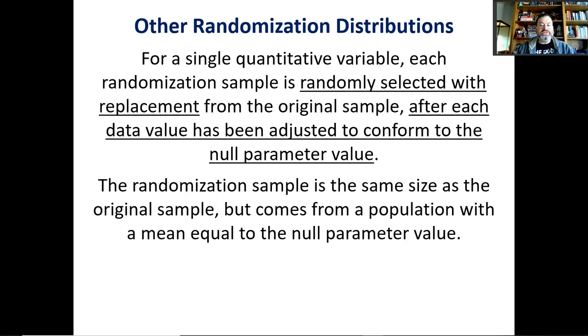The randomization sample is the same size as the original sample, but comes from a population with a mean equal to the null parameter value. So for a single quantitative variable, we're basically doing bootstrapping, except we are scooting the center of the distribution until it matches the null parameter value.